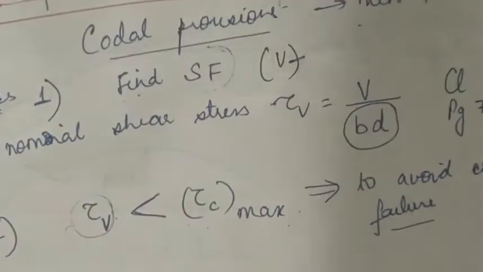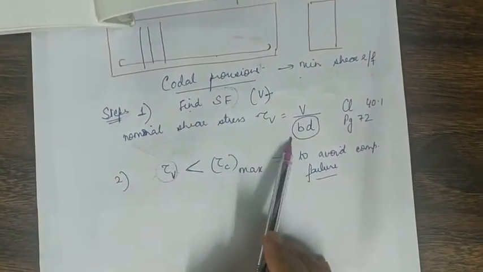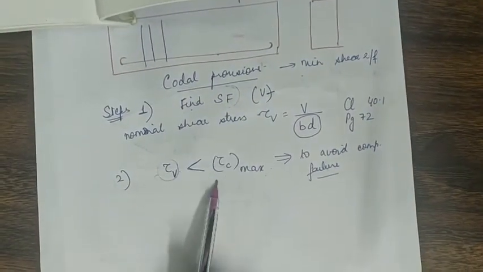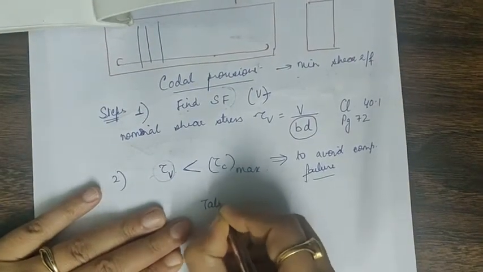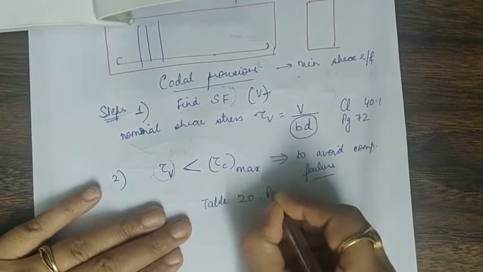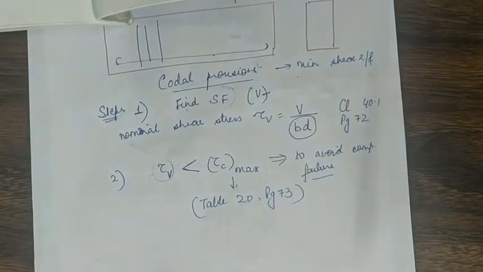So our first step is we will find out force. From that we will find out shear stress. We will compare that it should not exceed tau C max, that is given in Table 20, page 73. Okay, clear?